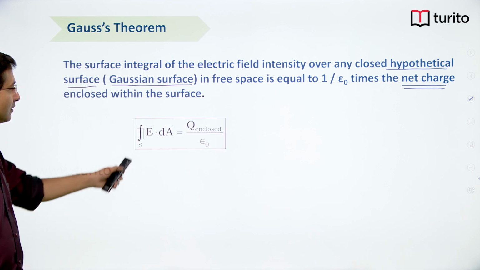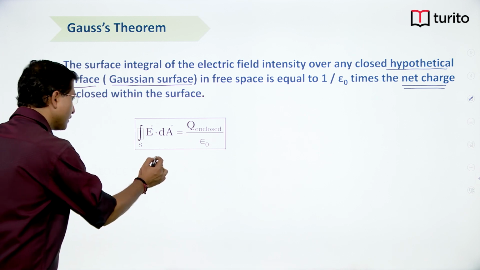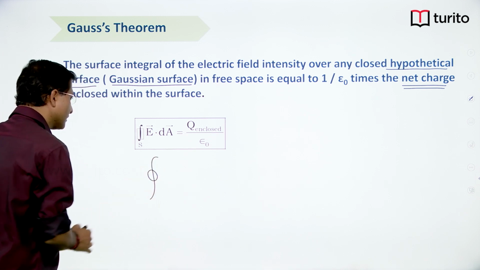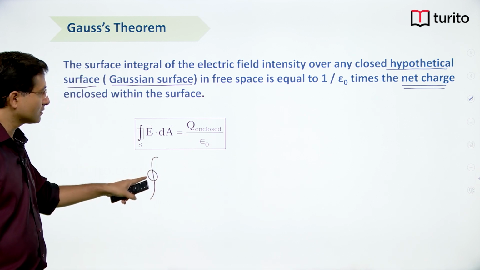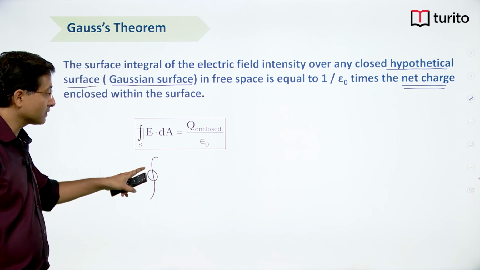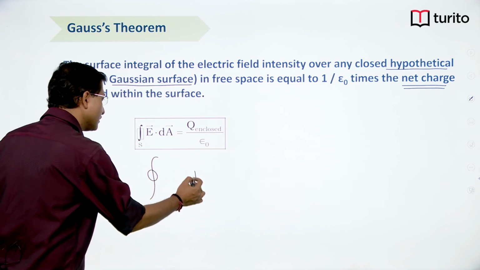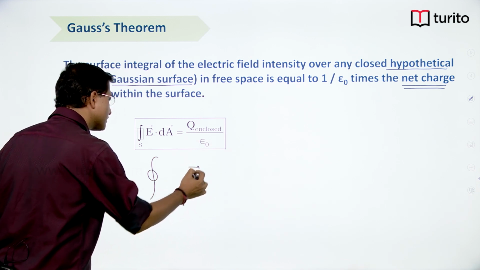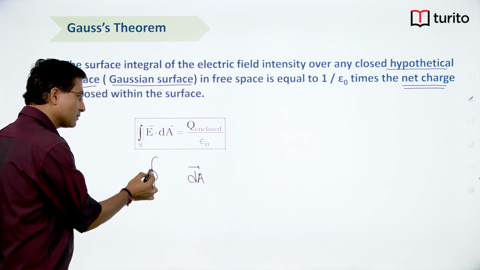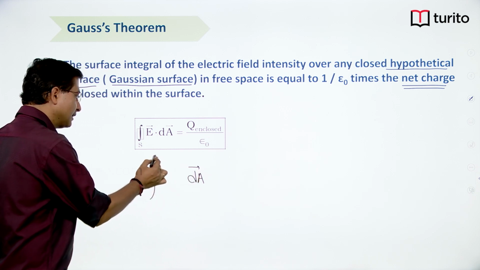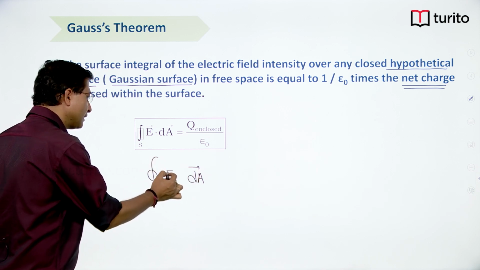So this is the closed surface integral, this circle represents closed surface integral, we are integrating over the surface. So closed surface integral of electric field.